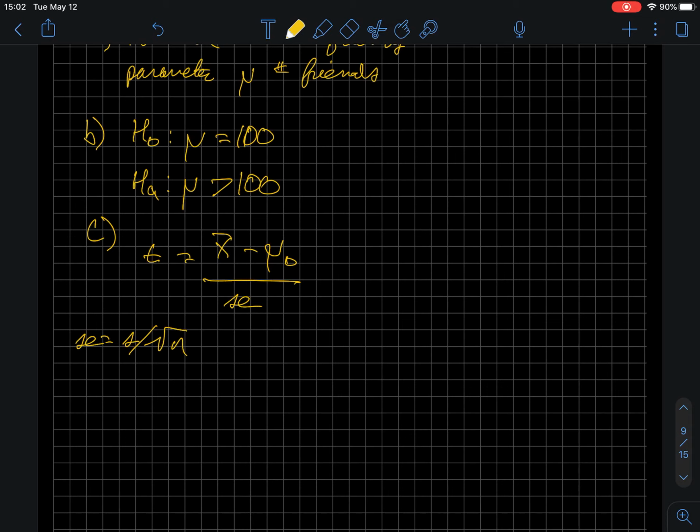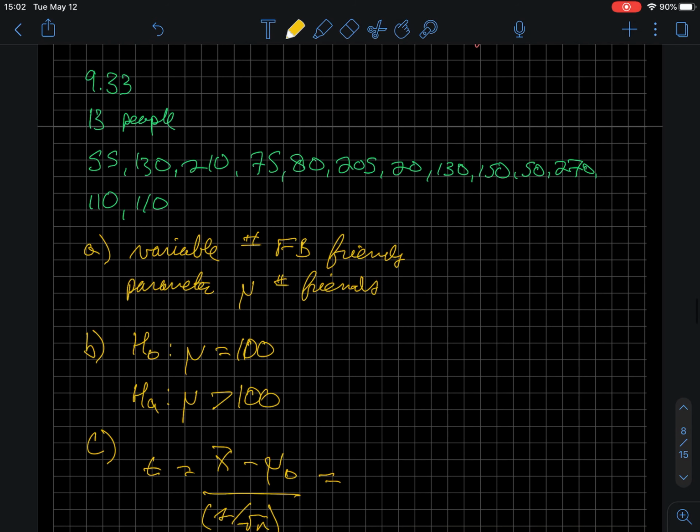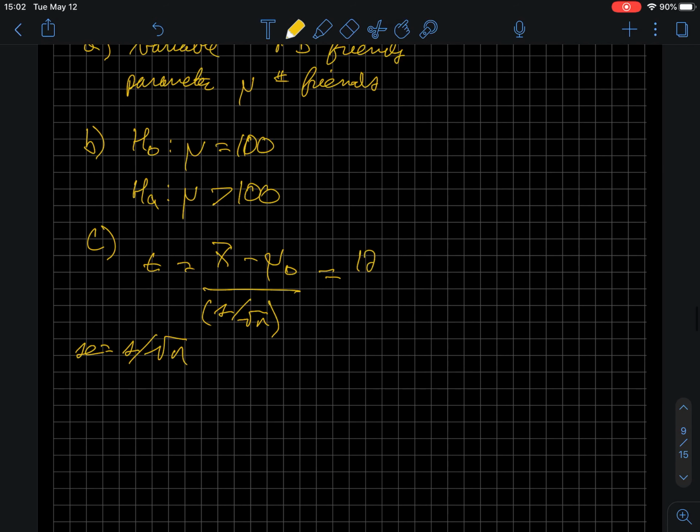If we evaluated this, the average of those numbers is 122.7, minus the hypothesized mean of 100, divided by the standard error, which is 71.8 divided by the square root of 13 people. And this would be 1.14.